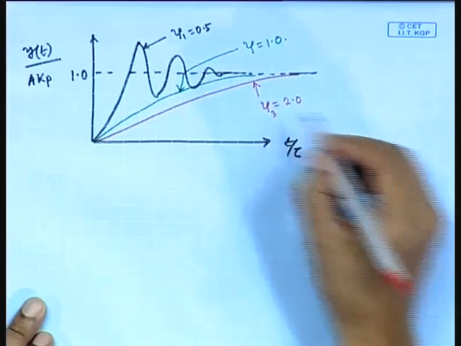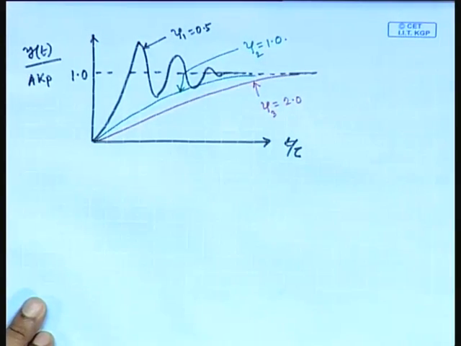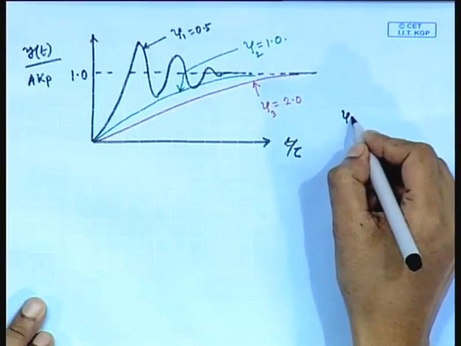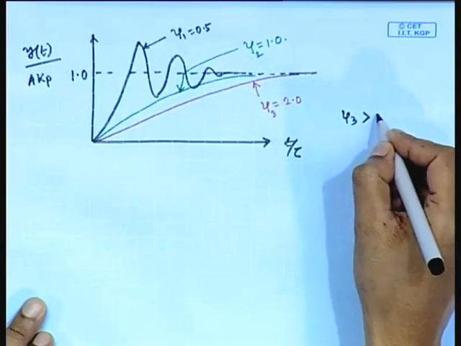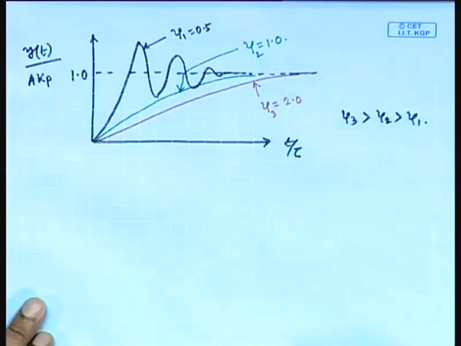This is zeta 3 and this is zeta 2. So obviously, here zeta 3 is greater than zeta 2, which is greater than zeta 1.